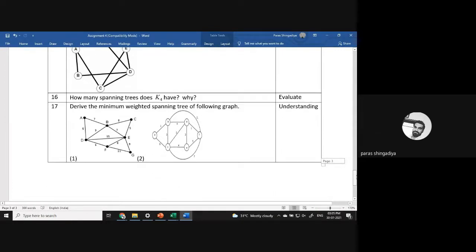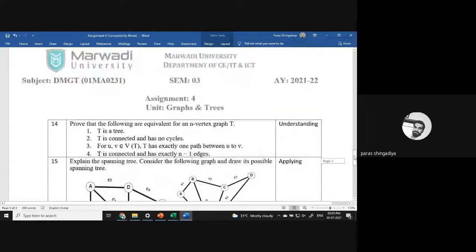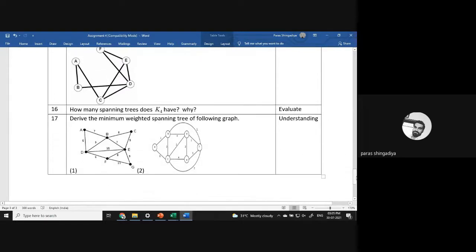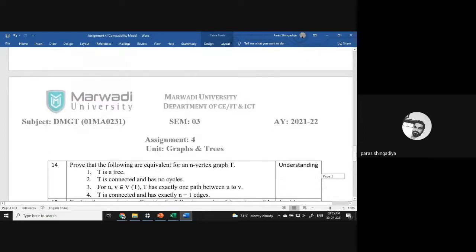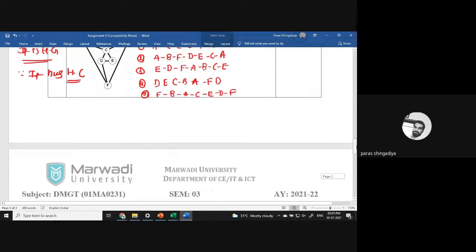And in 17, it depends on Kruskal's algorithm to find the minimum weighted spanning tree. So these 4 questions we'll discuss in the next lab, clear? Because one part is remaining in this unit, that is Kruskal's algorithm. We'll add some more examples there, and then we'll discuss all the 4 questions related to the last topic in next week's lab, clear?